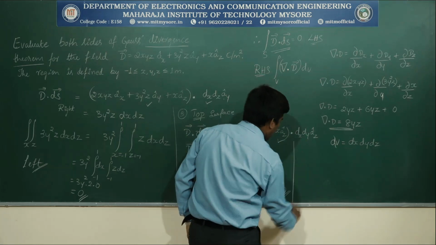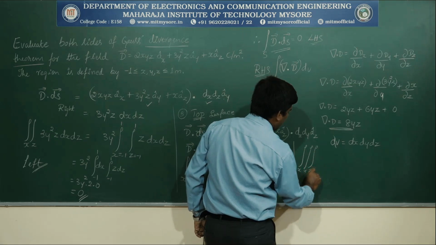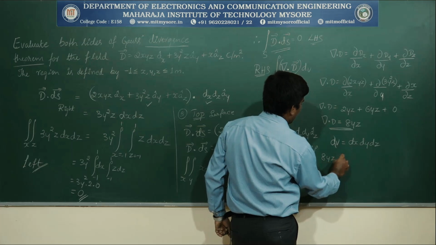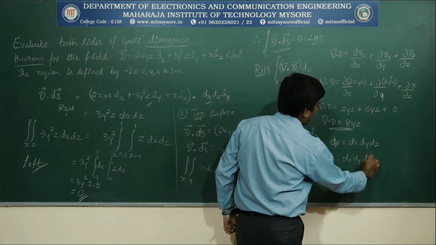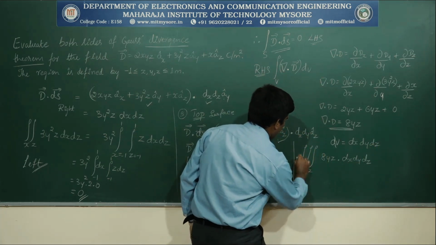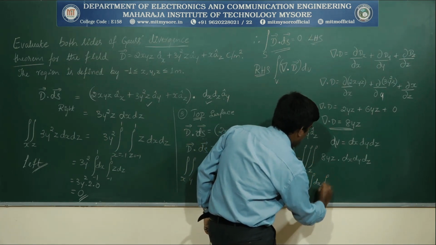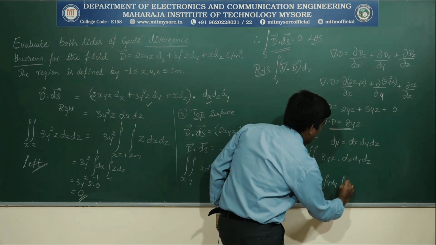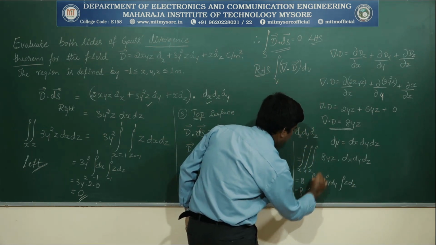Now, in order to evaluate the RHS part, the triple integral of 8yz with respect to volume, 8yz dx dy dz. 8 is common, take it outside. Integration of dx, integration of y dy, integration of z dz, each from minus 1 to plus 1.